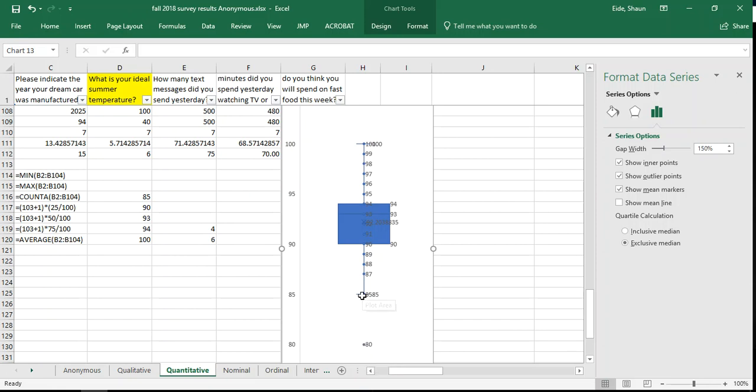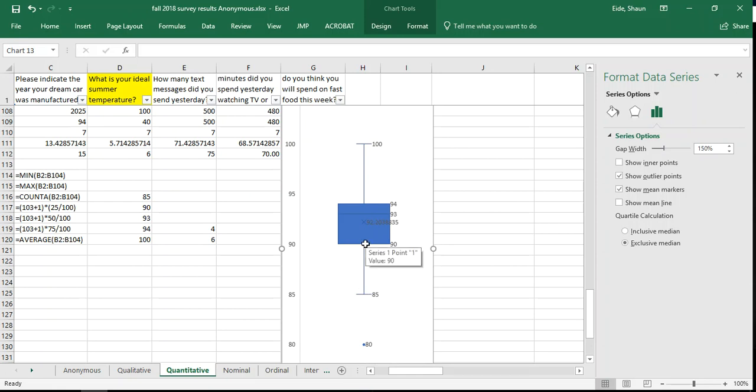They either said 80 or they said 85. And there were several people that said 80. That is the outlier. This is the maximum. This right here is the lowest value that is within 150% of the interquartile range.